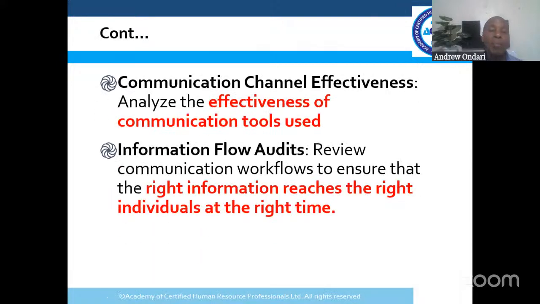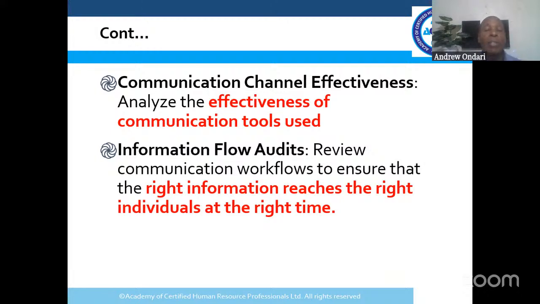The other aspect of communication is the channel. We analyze the effectiveness of the channels that are used. I have already mentioned the channels. If I may repeat, it won't break a bone. Number one is oral channels, where we communicate through meetings, through interviews, and even through telephone conversations.